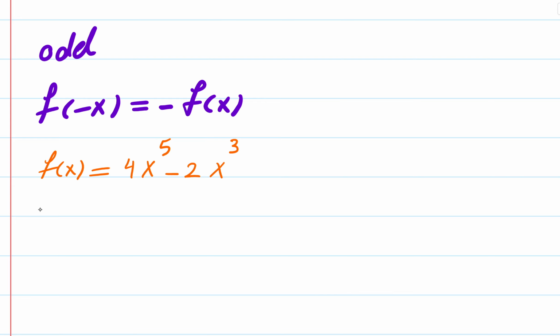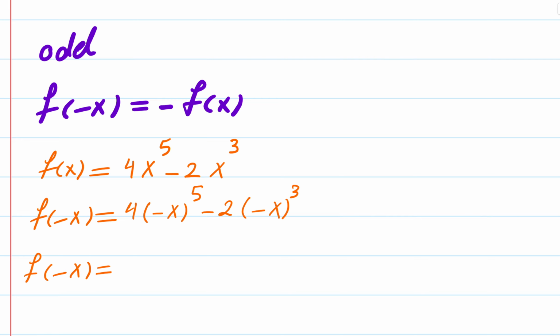I want to check if the function is even or odd. So what is f of negative x? It equals 4 times negative x to the power 5 minus 2 times negative x to the power 3.